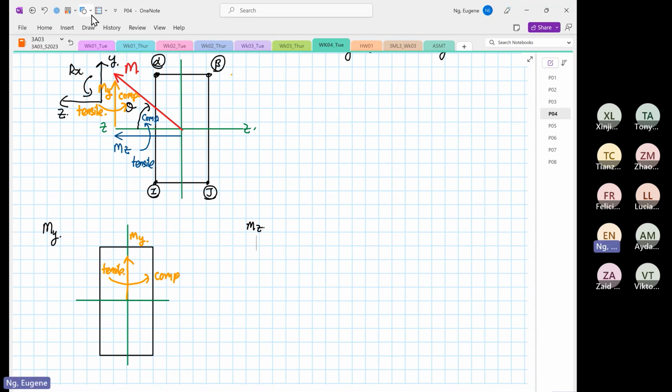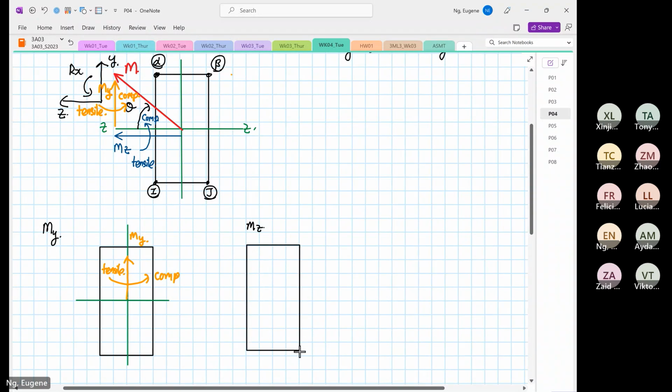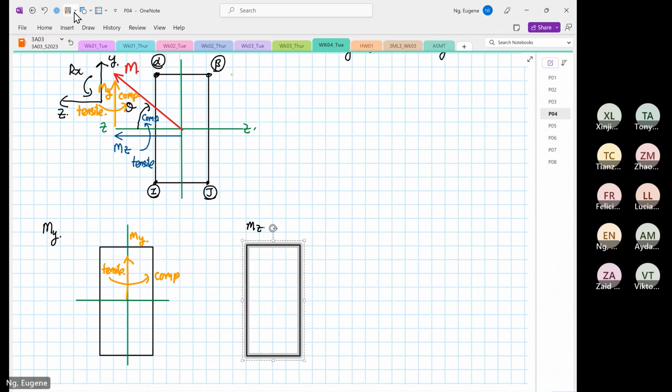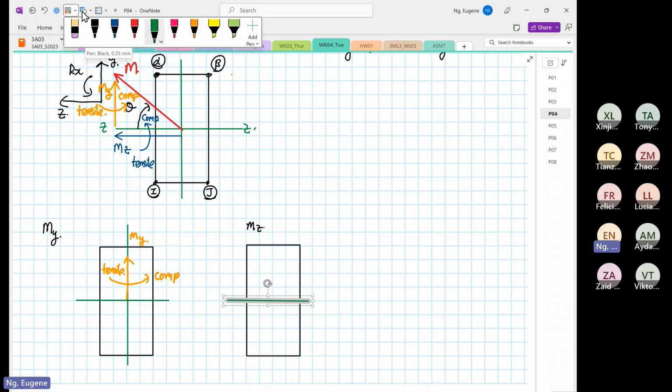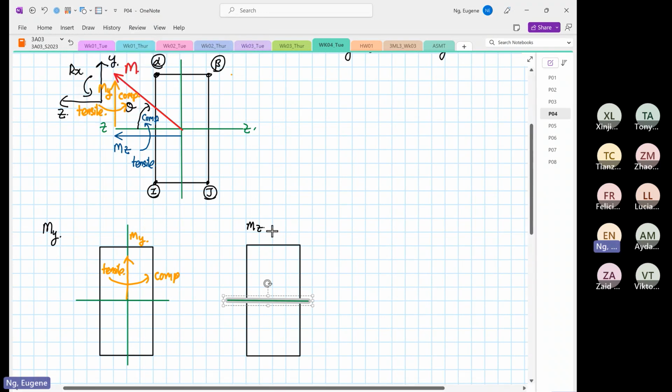And then on the right hand side, we are going to have the moment about z. So I will sketch this out. Then we have our centroid along the z-axis, and we also have the centroid along the y-axis.